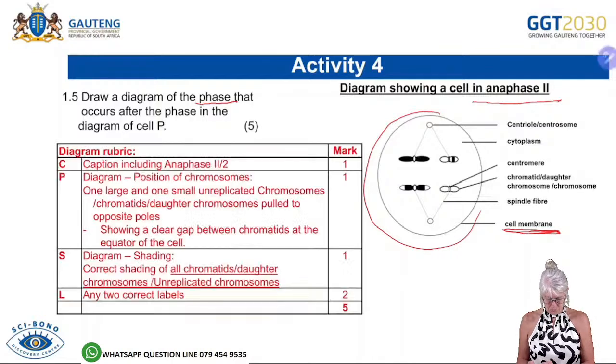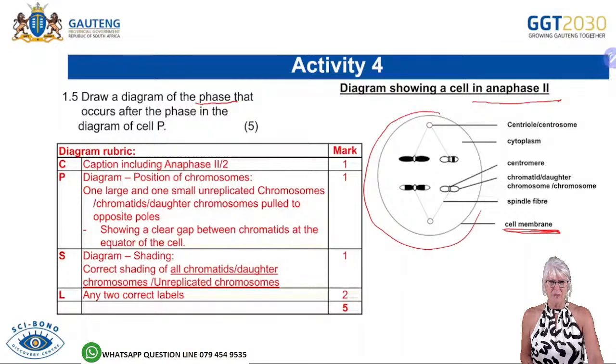So it's important for you to know what the rubric looks like and how we allocate marks. So can you see the first thing is a caption. The caption is the heading, and there's a mark allocated there. So I must always put a caption, and then I've got 1 mark.